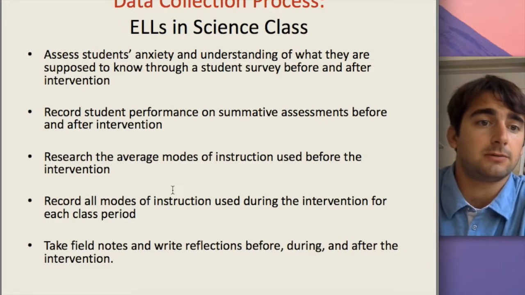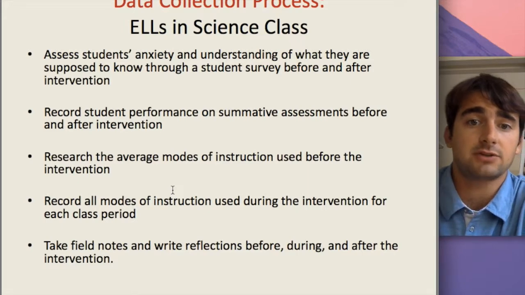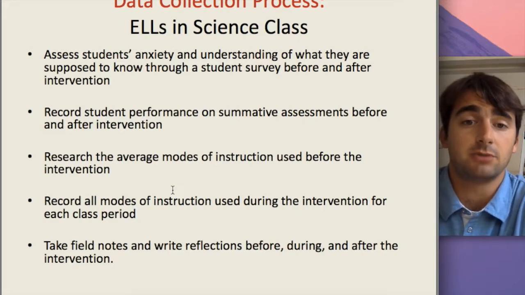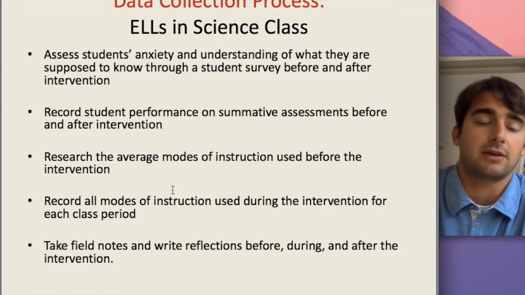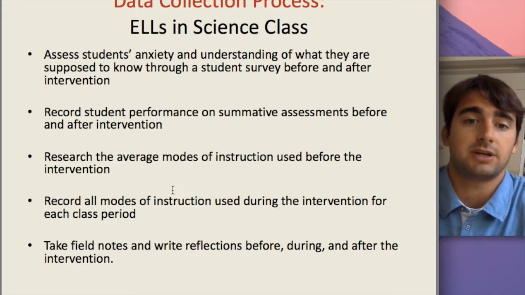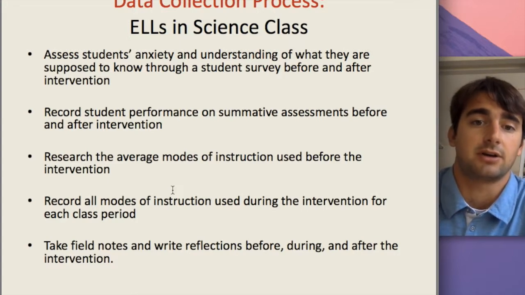Essentially, I researched and recorded the summative assessments, and the average modes of instruction that I used before and after the survey, which basically translates to going back and looking at my notes from before, my lesson plans, and then taking field notes after on how many modes of instruction I was using.